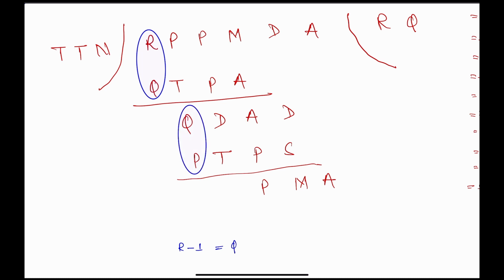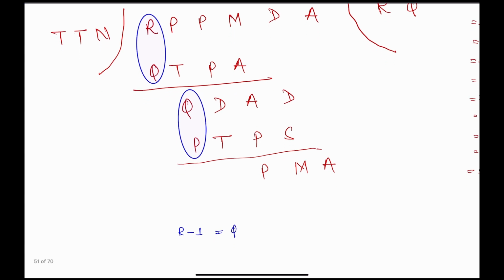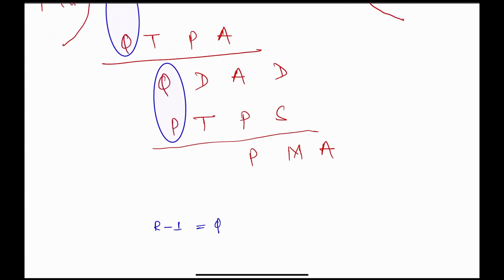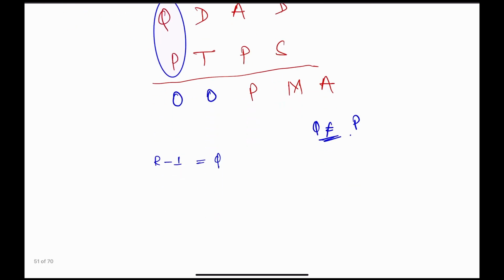These two cannot be equal, q equal to p is not possible, and we know this is becoming 0, this is also becoming 0. So what I can say is q minus p equal to 1, or q minus 1 equal to p.